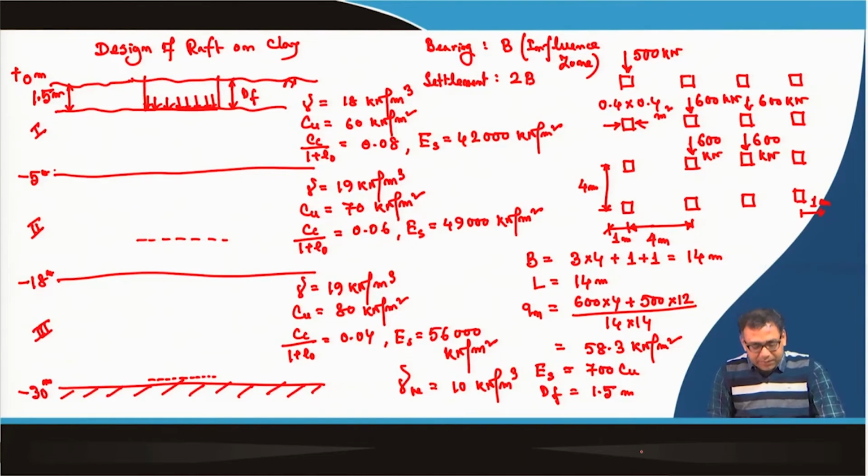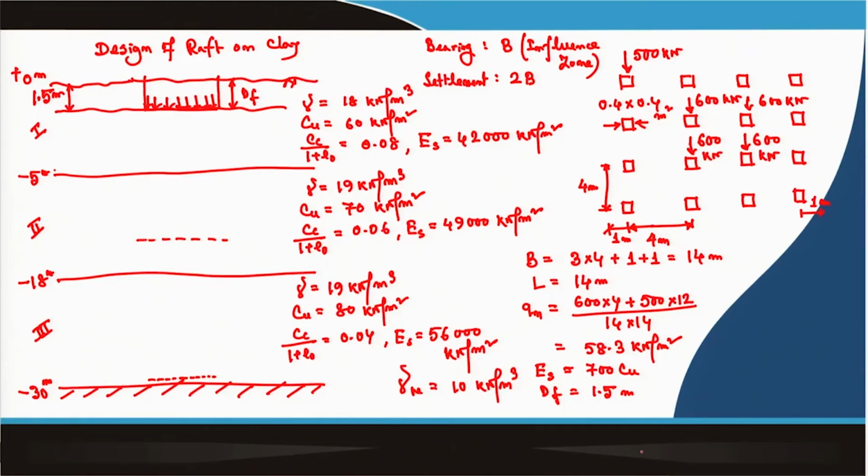If the difference of the Cu is very high, then we can go for the lowest Cu value for our design to be on the safe side. But here the difference is not that significant. You can see it is 60 kilonewton per meter square, then 70, then 80. So, that means here we will take the weighted average value.